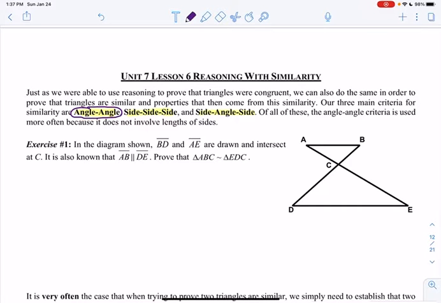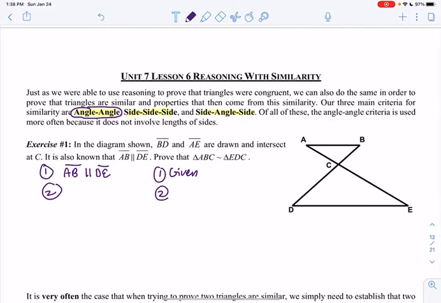So in this exercise, I know that BD and AE are drawn, and they intersect at C, and it's known that AB is parallel to DE. So just like in a proof, we have statements on the left, reasons on the right. My first statement is that the lines are parallel, because that's the thing that's going to give me some steps here.